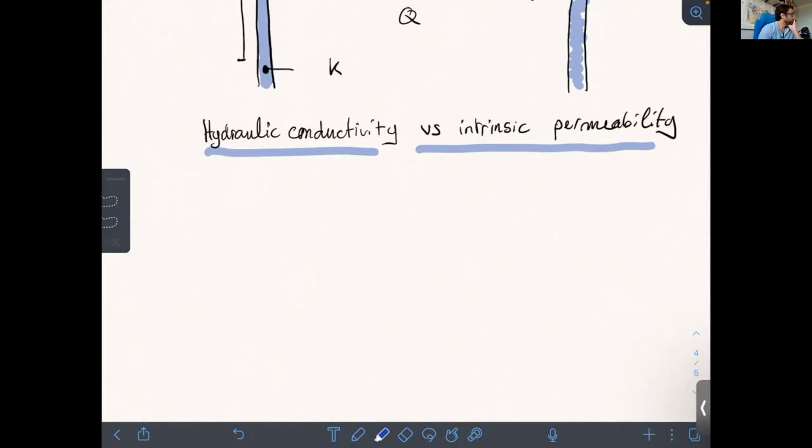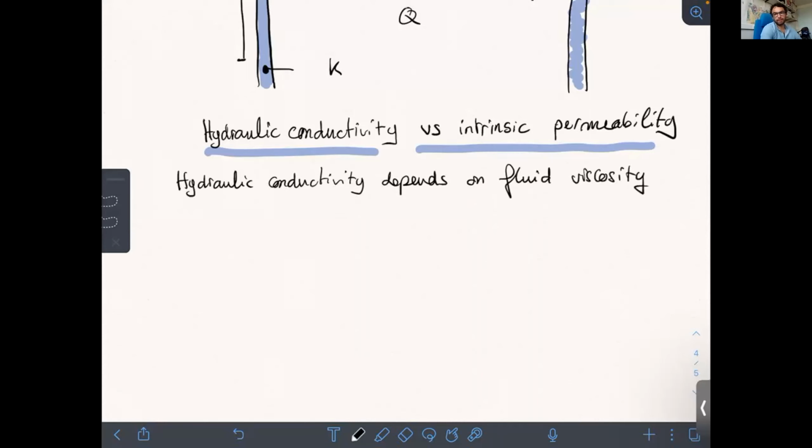Because, as we said before, hydraulic conductivity depends on fluid viscosity. Darcy made his experiment with water, but if he would have tried with heavy oil, it would have given similarly a linear relationship with a different hydraulic conductivity.